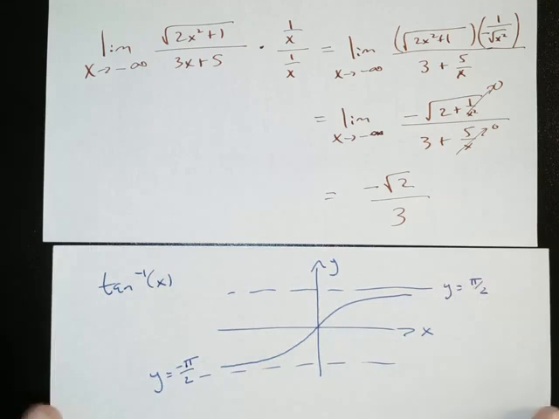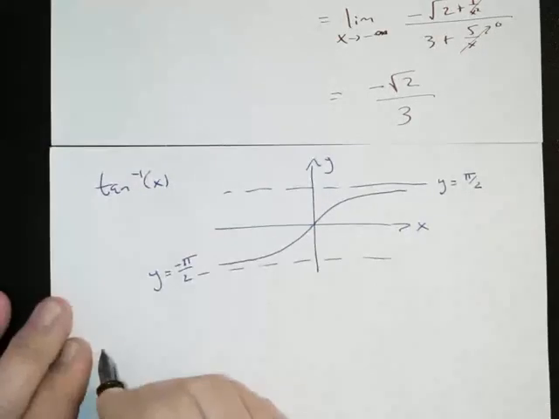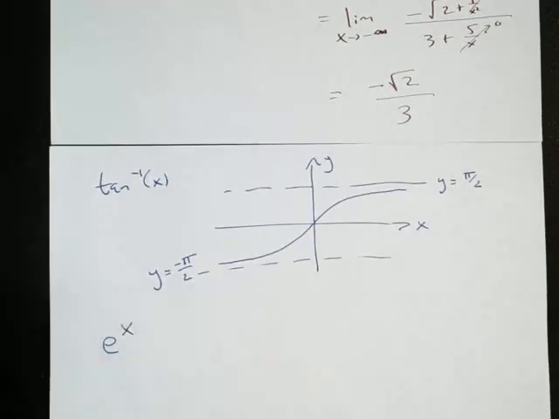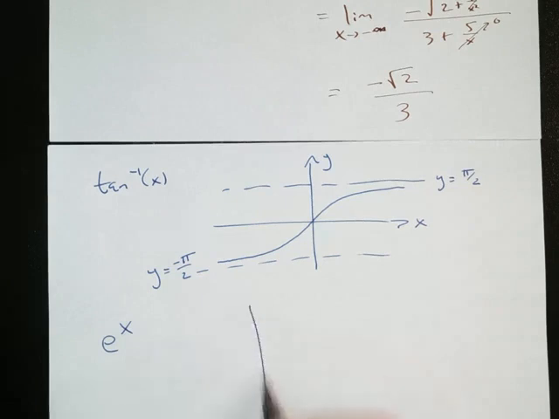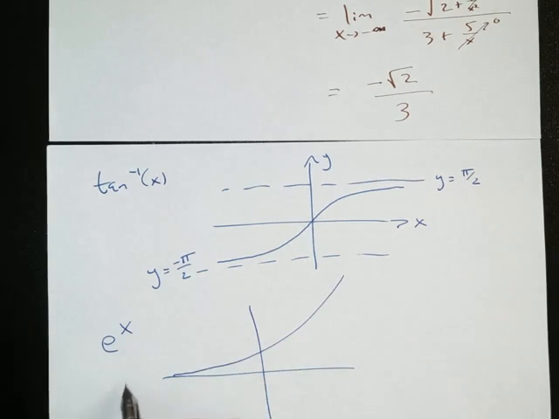Even back in algebra class, think about the graph of e to the x. What does the graph of e to the x look like? It looks like that. We have an asymptote only on one side.